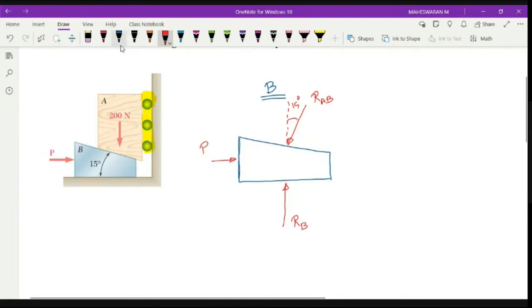Now let us look at how the object is moving. When I apply a force like this, your wedge will move along this direction, so your friction force will be opposite. This is my friction force, mu into RAB.